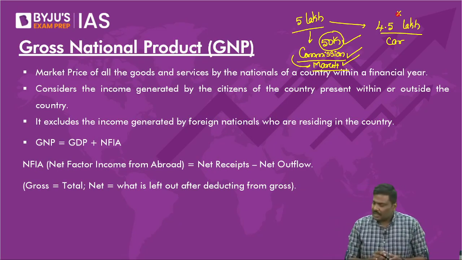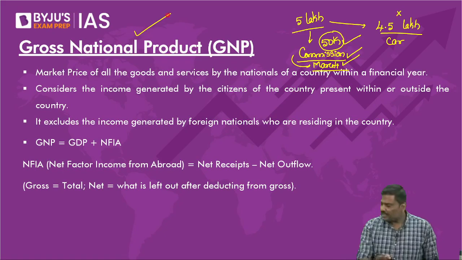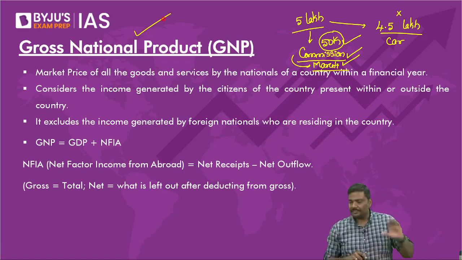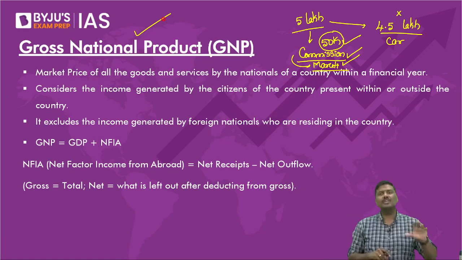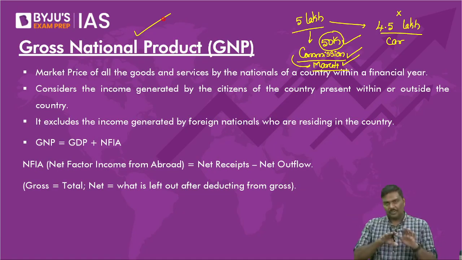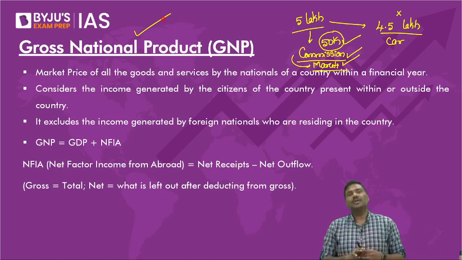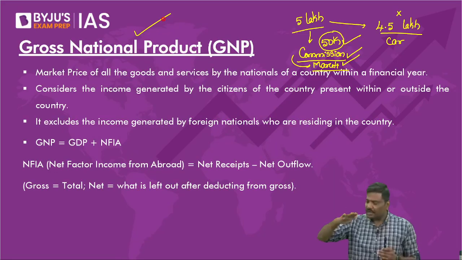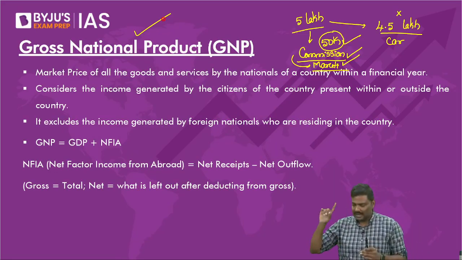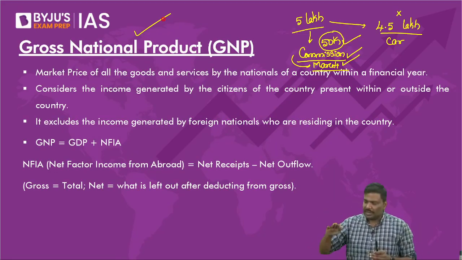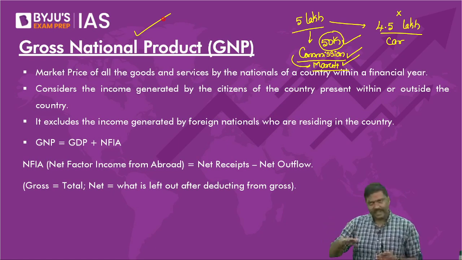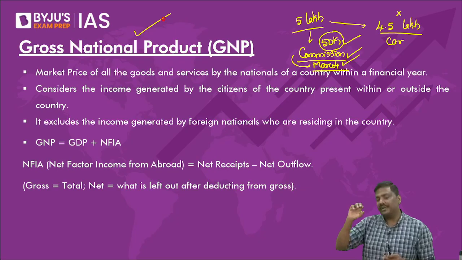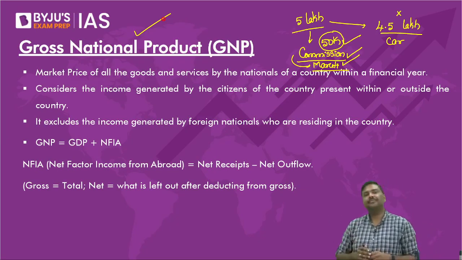Okay. Let me start. Next concept is gross national product. Now, before I start, first point. Gross domestic product: whatever is produced in India, we'll count it as a part of India's GDP.